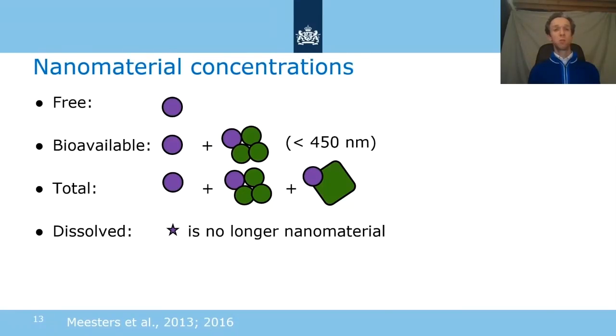And you have the total particulate concentration, which is also including the coarse fraction of heteroagglomerates. And then, of course, we also have the concentration of dissolved compounds.